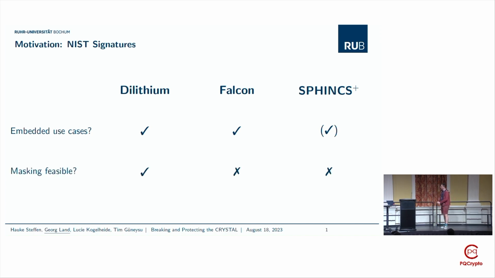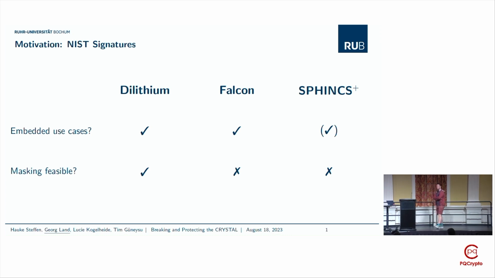And then looking any further, what about masking? What about side channel attacks? Can we make it secure against side channel attacks? The answer is yes for Dilithium, although it is quite complicated. And the answer is no for Falcon, just because we don't have a clue how to mask floating points.